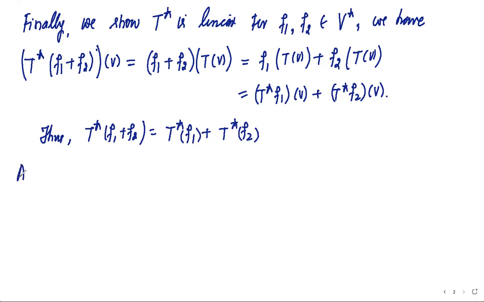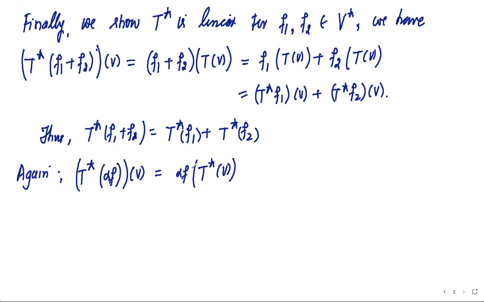Now again, this T star of alpha f of v. Now T star alpha f of v, again by definition, since alpha f is a linear functional, this is alpha f of T of v.